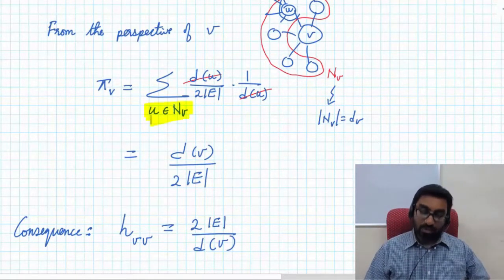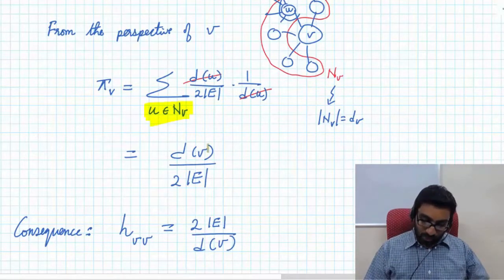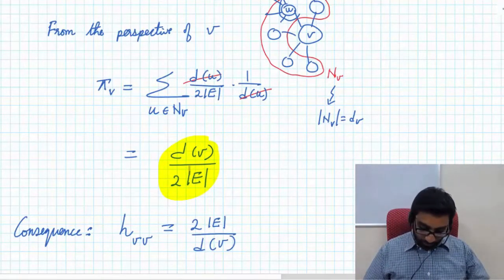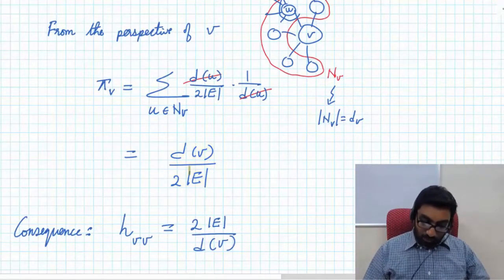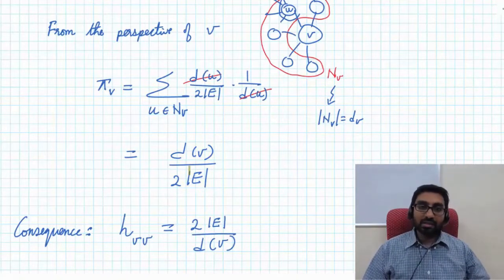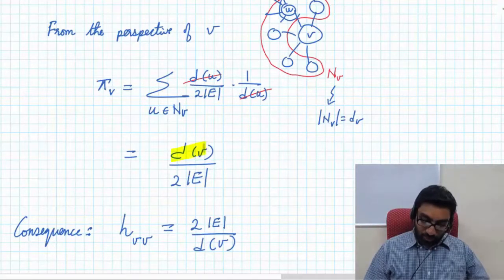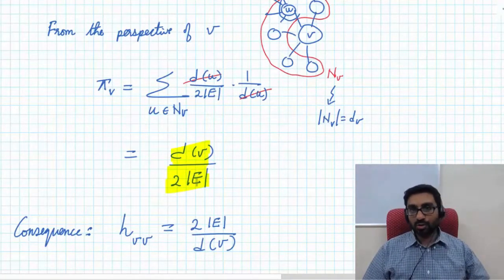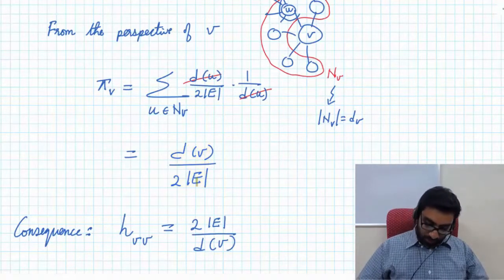But then we're summing over the neighborhood of v, and so we get d_v over 2 times the cardinality of E. This completes the proof of our claim that the vector formed by these components is the stationary distribution of this random walk.